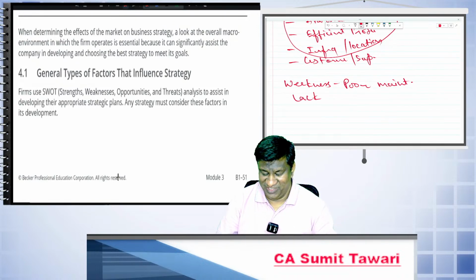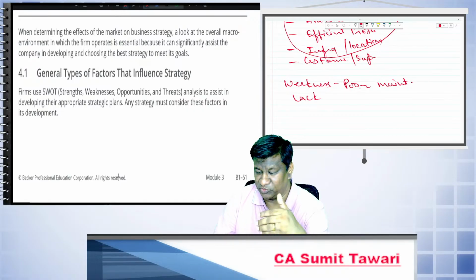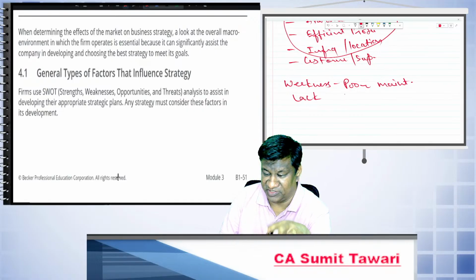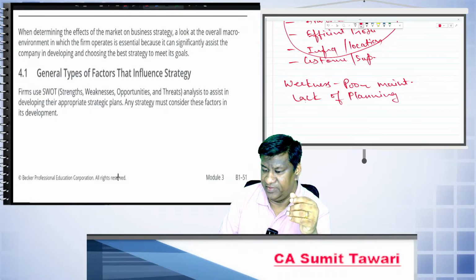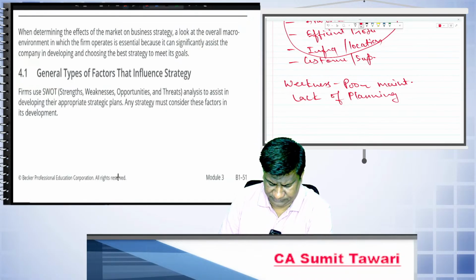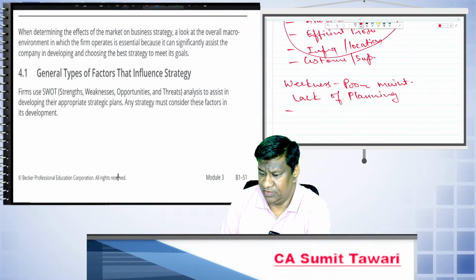Whatever strength you gave, don't give me the negative, as there are so many other factors. Lack of planning. Insufficient inventory, overstocking of inventory.